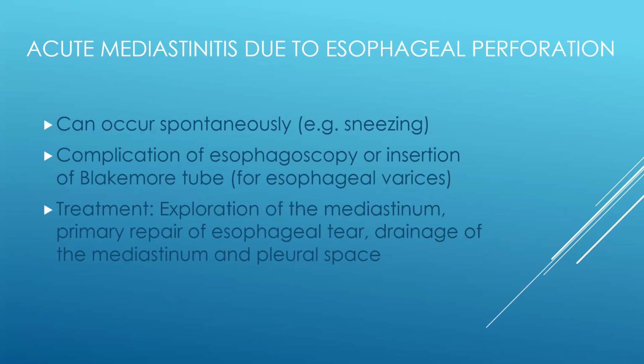So this can cause your mediastinitis. The treatment for this would be to explore the mediastinum. So we would need to open up the patient's mediastinum. We would have to repair the esophageal tear and drain the fluid that is found in the mediastinum or even the pleural space.